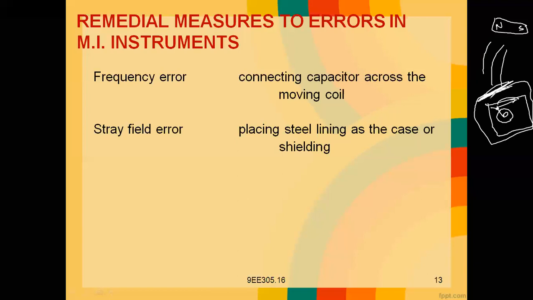It will concentrate the magnetic lines of force, and you will have continuity of the magnetic lines of force. So this is how we can avoid external fields entering the meter and disturbing the characteristics of the meter.